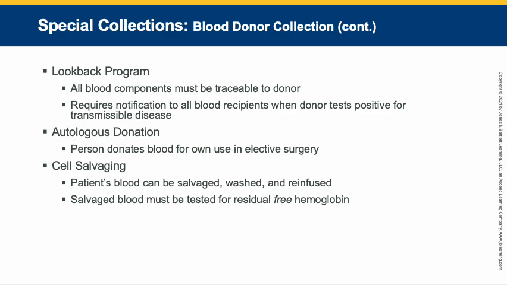So then they need to be able to match that up with any other product out there that was possibly sent, say, to a different hospital or a different location. They need to be able to notify every one of the blood recipients that there is a possibility that there was an infected, contaminated unit.